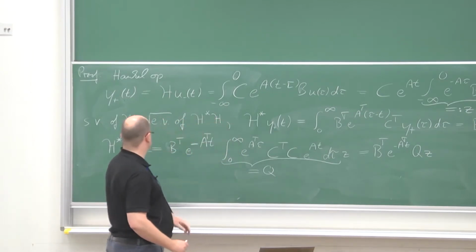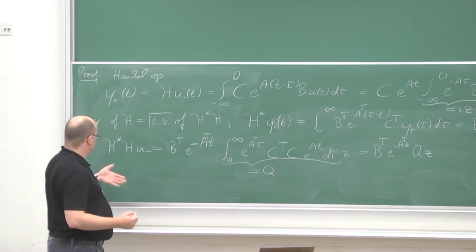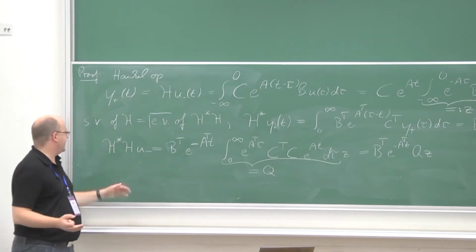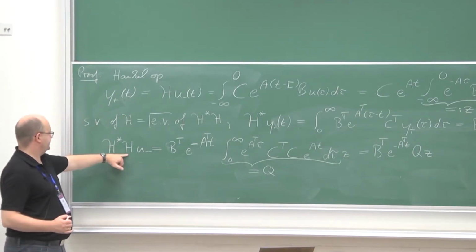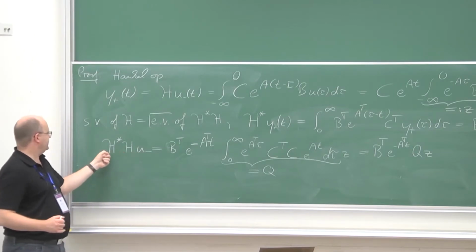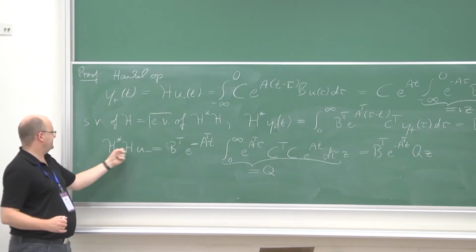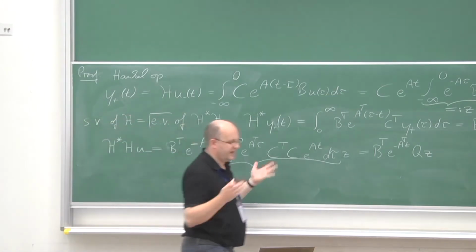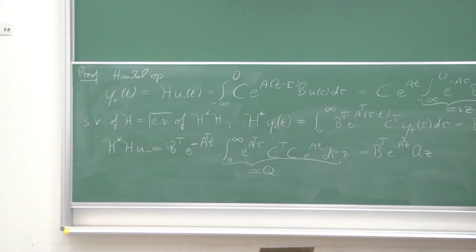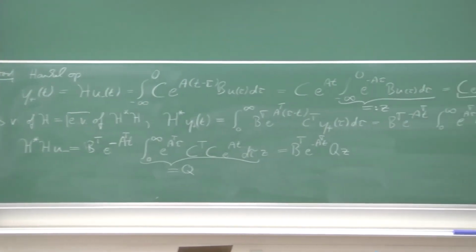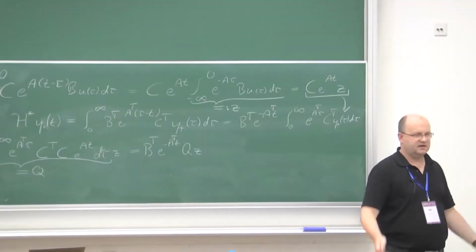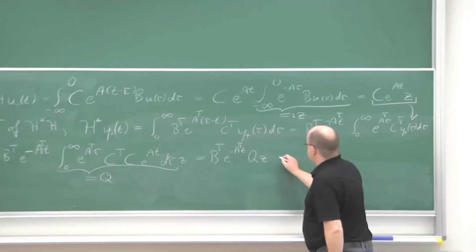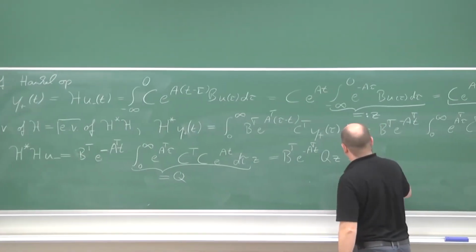In order to compute an eigenvalue and an eigenvector, we need that this left-hand side, so an eigenvector in the setting of functions, is of course an eigenfunction. It's any of these u minus functions that satisfies this relation.